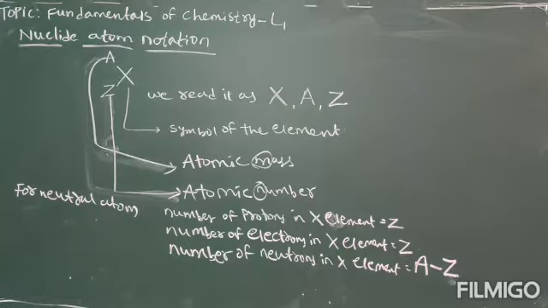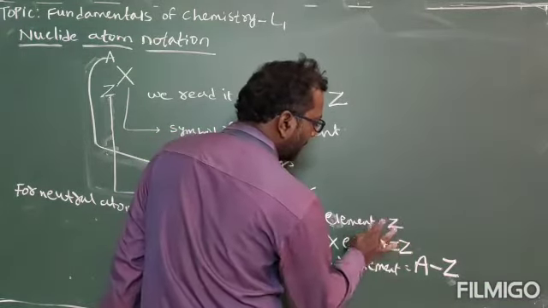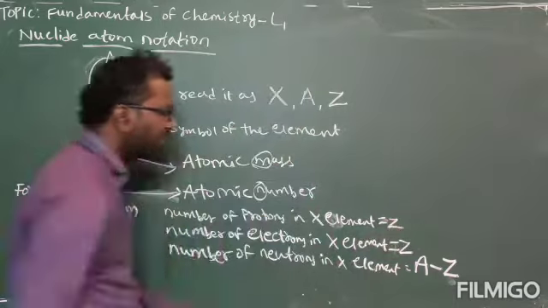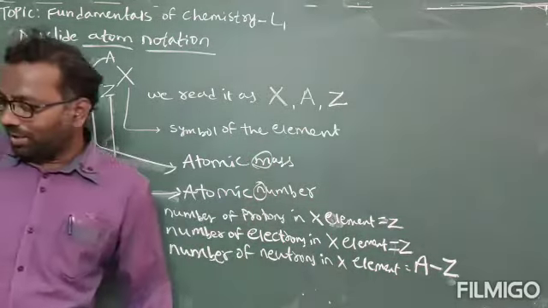So for a neutral atom, the number of protons is equal to Z, the number of electrons is equal to Z, and the number of neutrons is equal to A minus Z. These are nothing but the formulas to calculate the number of protons, electrons and neutrons.